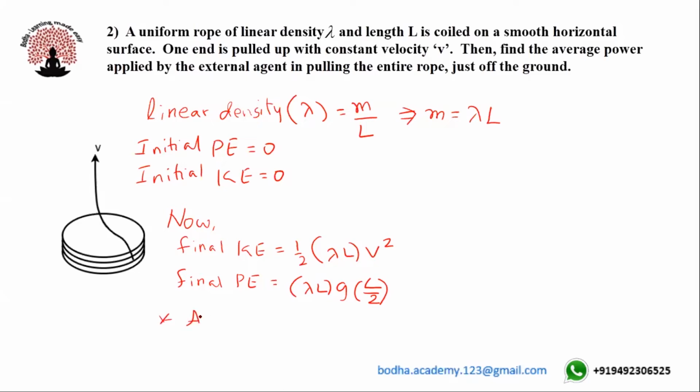Also, for the time taken for lifting the entire rope, I am using the relation speed is equal to distance by time. So I can write time is equal to, in place of distance, the length of the rope, and speed is nothing but v.